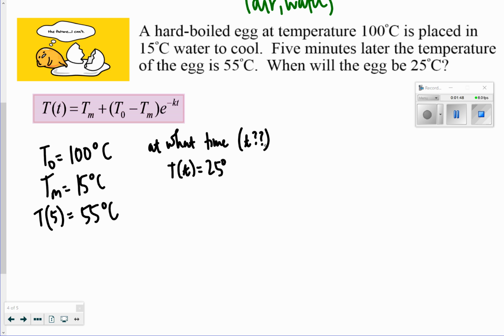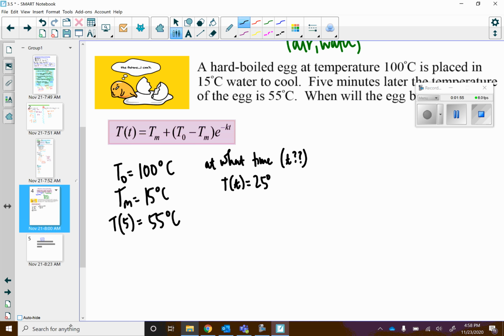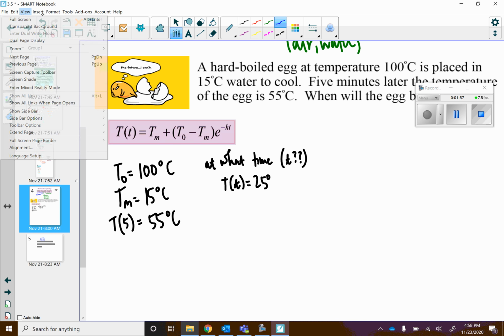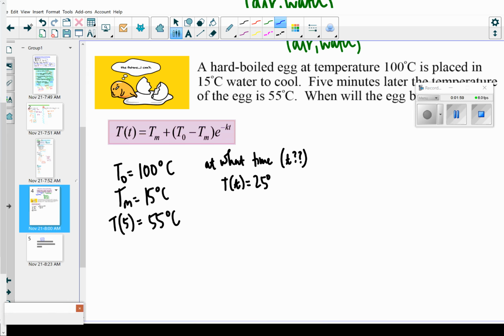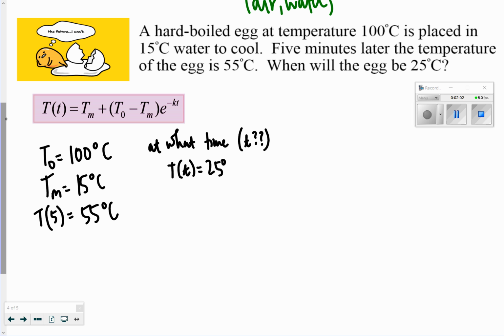All right, so let's start by putting the information we have in. We're going to plug in all the pieces we know. So we have T sub m, 15, plus T sub 0, 100, minus 15, times e to the negative... We don't have k, but we can find k by using this point here.